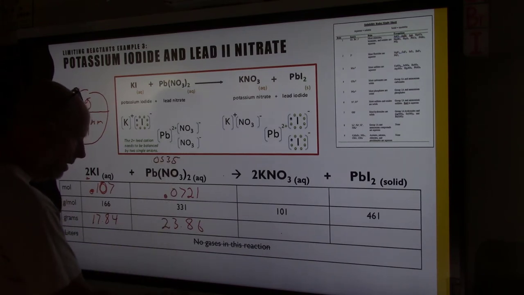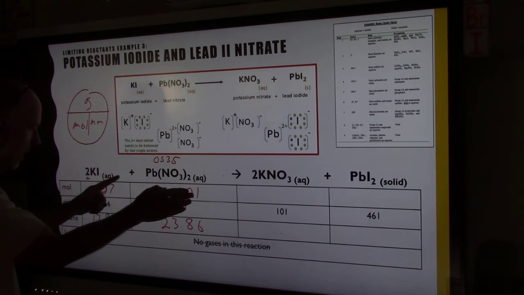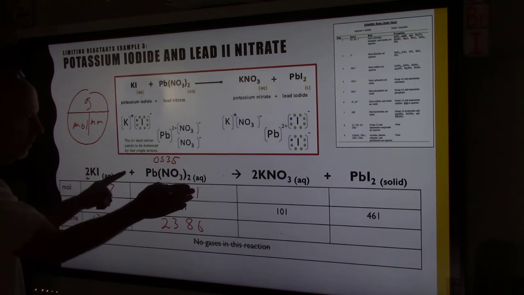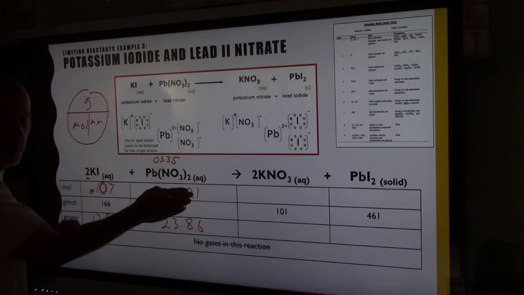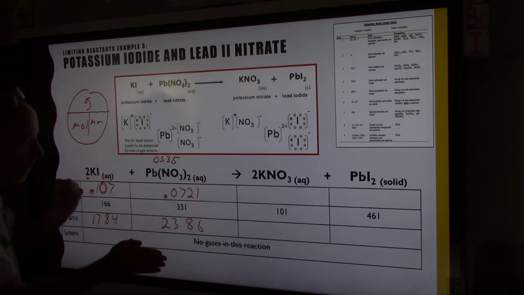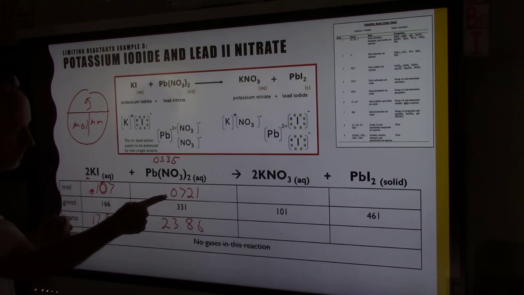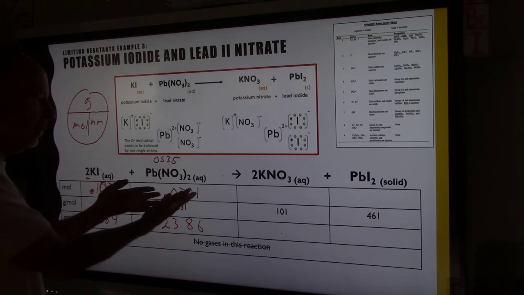You cover up the moles on the second one, and you go 2 is to 1 as 0.107 is to, and then calculate it and say 0.0535. Come on, 0.0535. Do I have it? Oh, I have more than 0.0535. I've got 0.07.